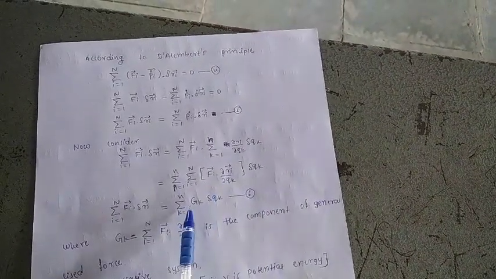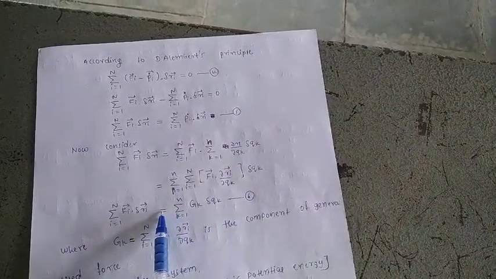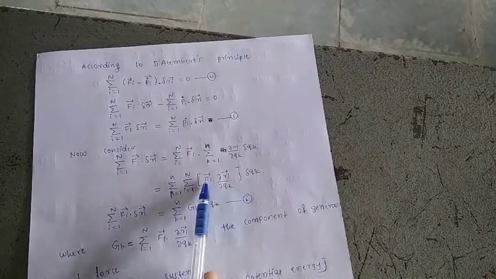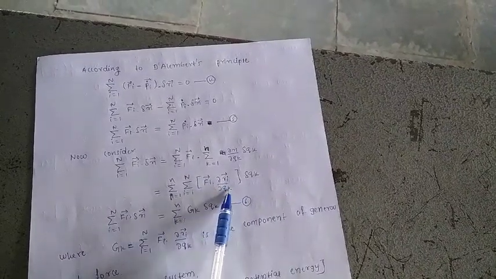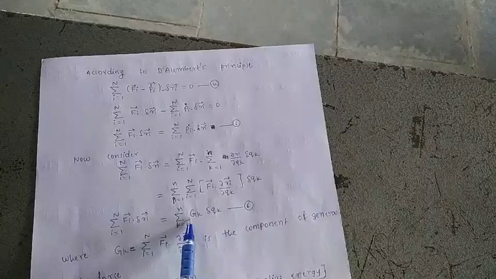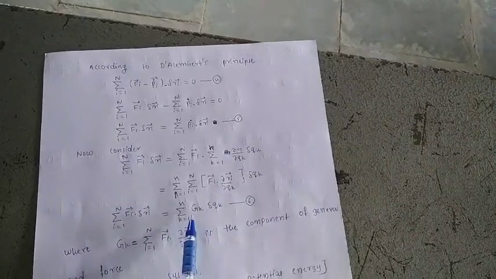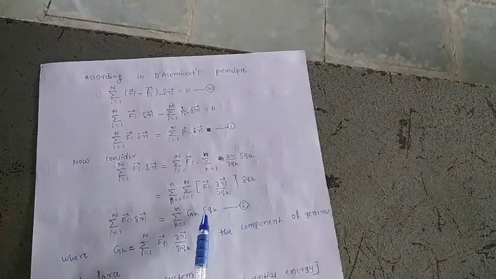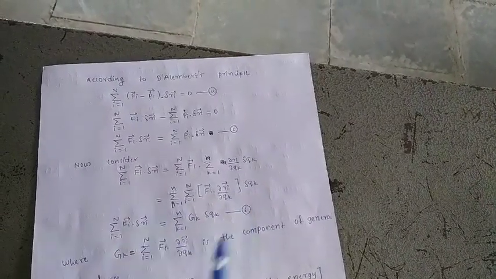Here we write this equation as summation over k = 1 to n of Gk. In place of Fi ∂Ri/∂Qk, we take capital Gk, and delta Qk as it is. Take this as equation number 6.